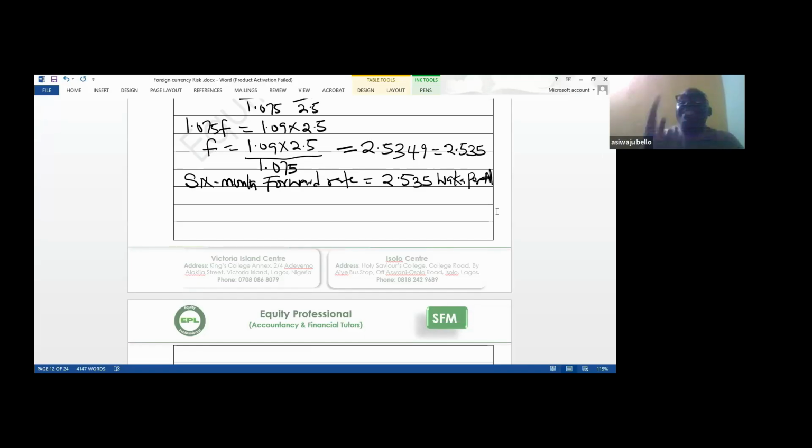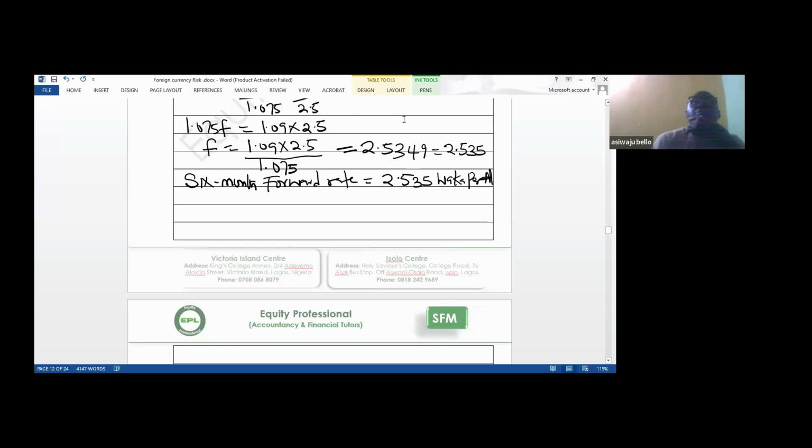And we have decided to hedge under forward markets. That means we can determine the Naira amount.